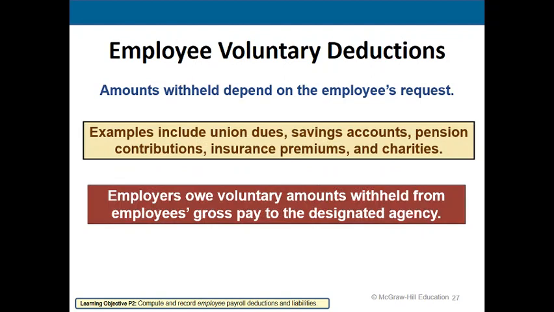Voluntary deductions could be due to union dues, some sort of savings account, pension contributions, insurance premiums, or charitable contributions. And the employers have to hold these monies in an account and pay them over to whatever company or agency is designated.